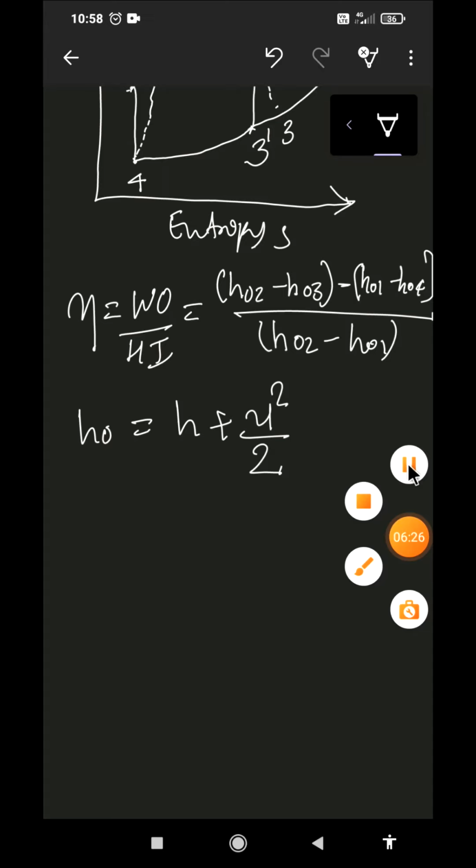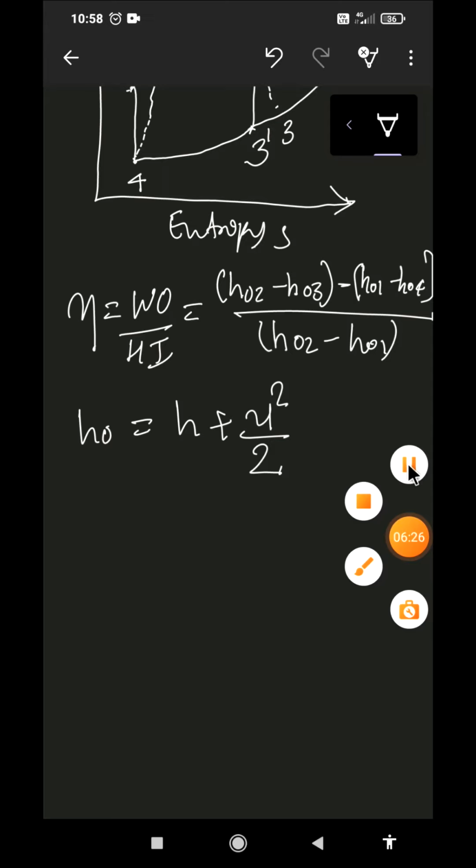Calculate the open circuit voltage, that is E0, which is BUD as we know, and the maximum power output, P max.